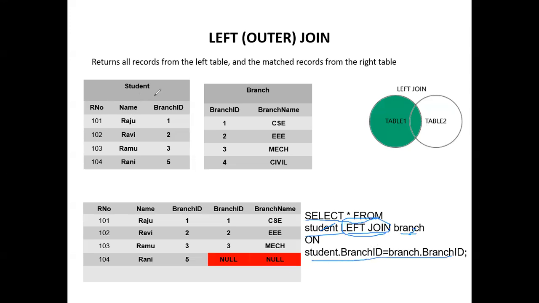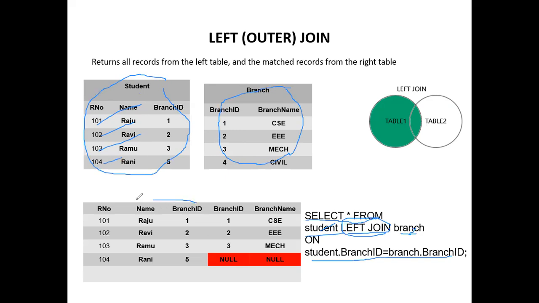Student is our left table and branch is our right table. Whenever you join these two with the left join, all the records of the left table will be taken, so all the student records will be considered.